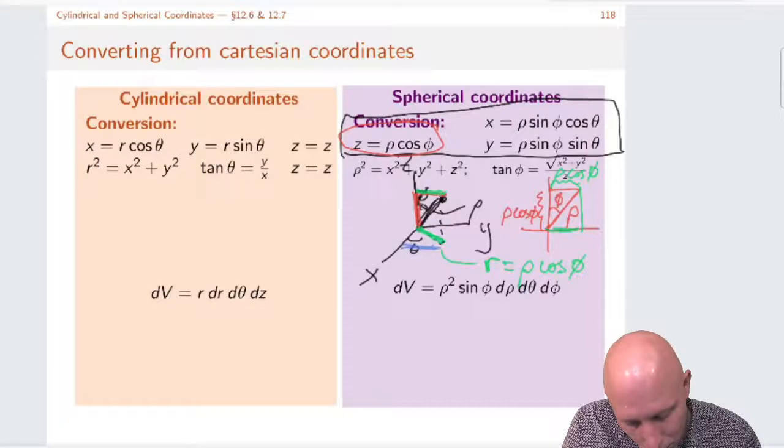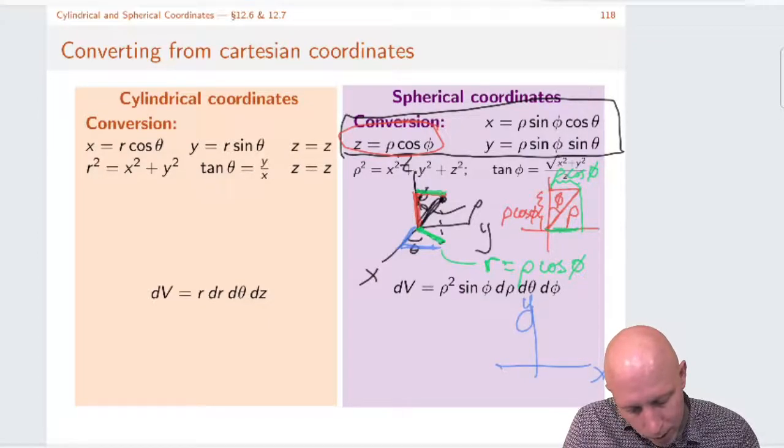We need to draw a triangle that says, all right, if this is theta, let me draw one more picture here. In my picture now I have the xy plane. And what we see here is that this was a distance r, sorry, rho sine of phi.